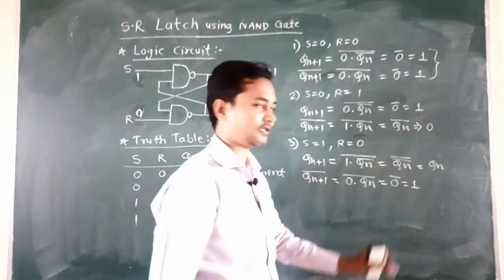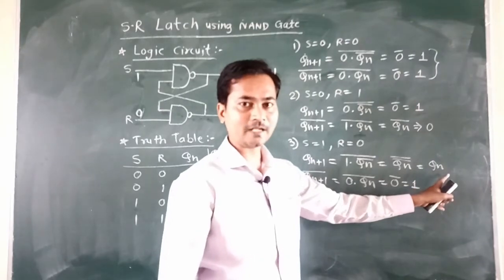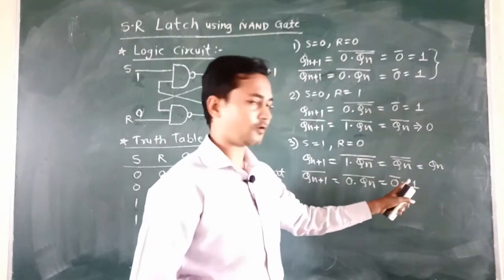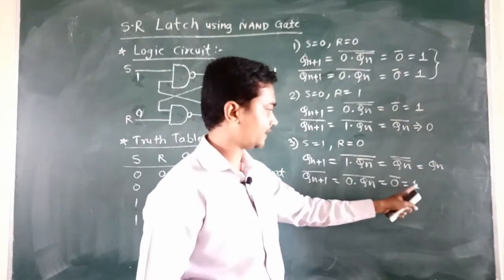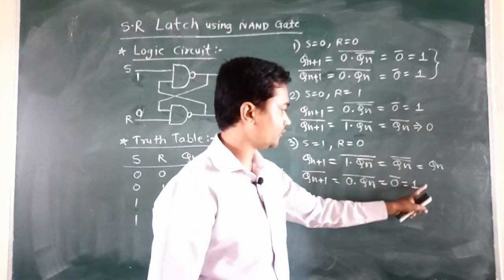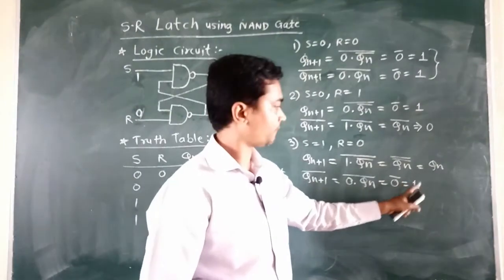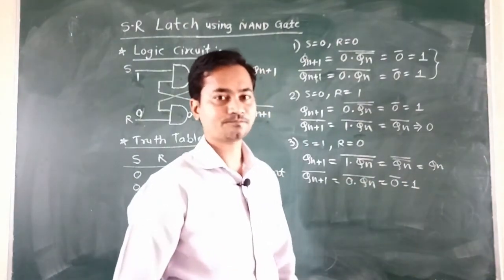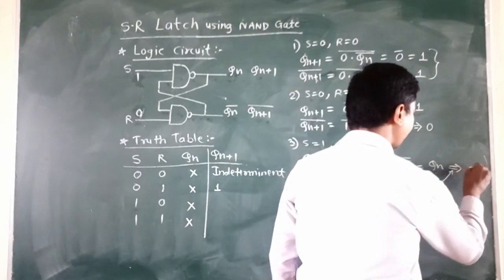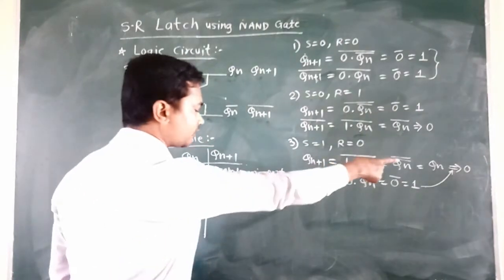Now from this expression, if the first output is not obtained as a fixed 1 or 0, then you can go for the second output, and from the second output you can fix the first output. Here the value obtained is 1, so obviously the first output should be 0. So from this 1 I can directly write 0, so Qn plus 1 is 0.